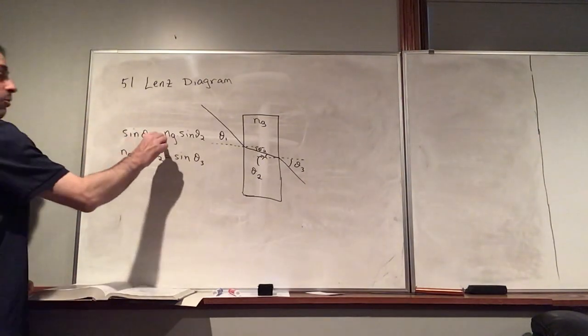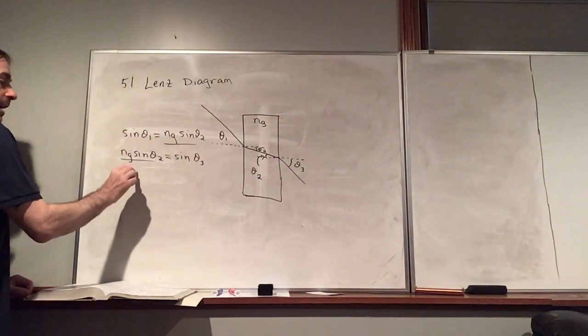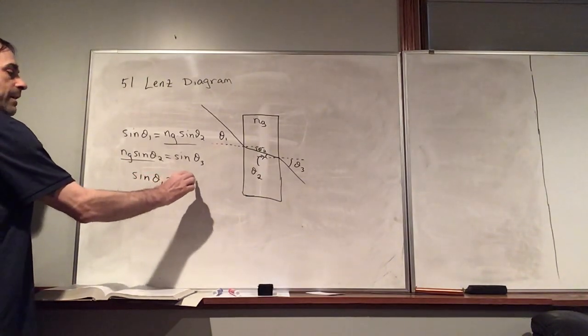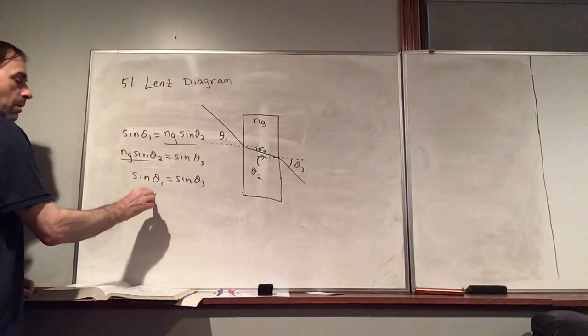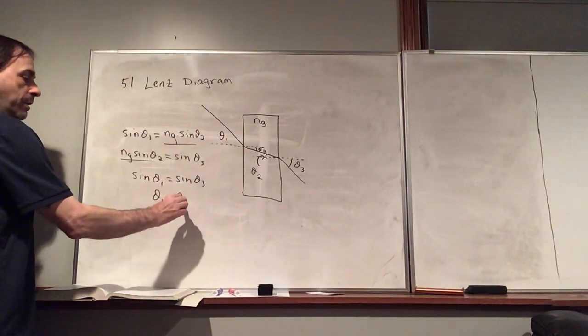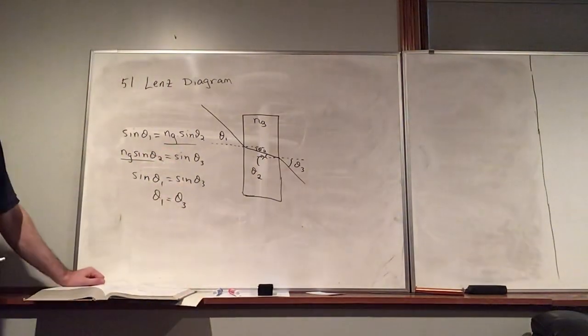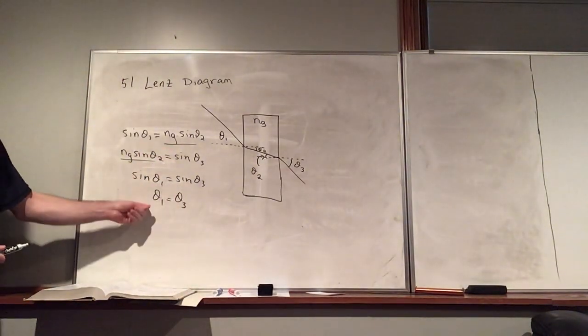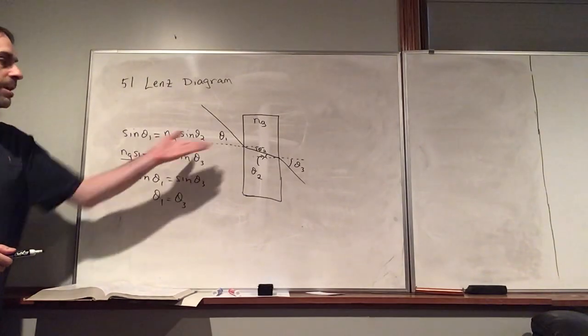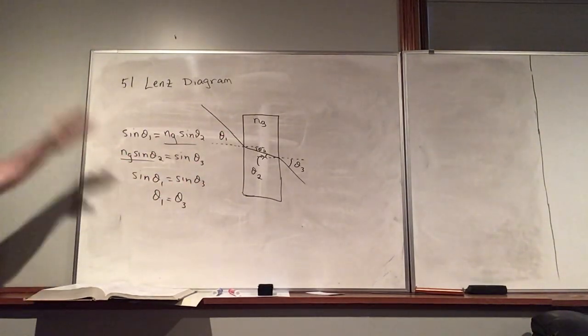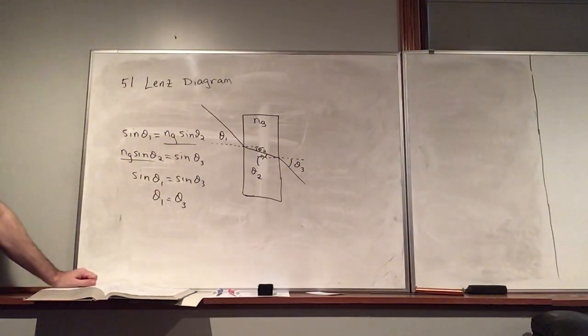Now, these are equal to each other. So what we have is sine of theta 1 equals sine of theta 3, or theta 1 equals theta 3. Purely mathematically, this does not strictly follow, but these are obviously angles between 0 and 90 degrees, so the only way that's possible, if the sines are equal, is if the angles are equal as well.